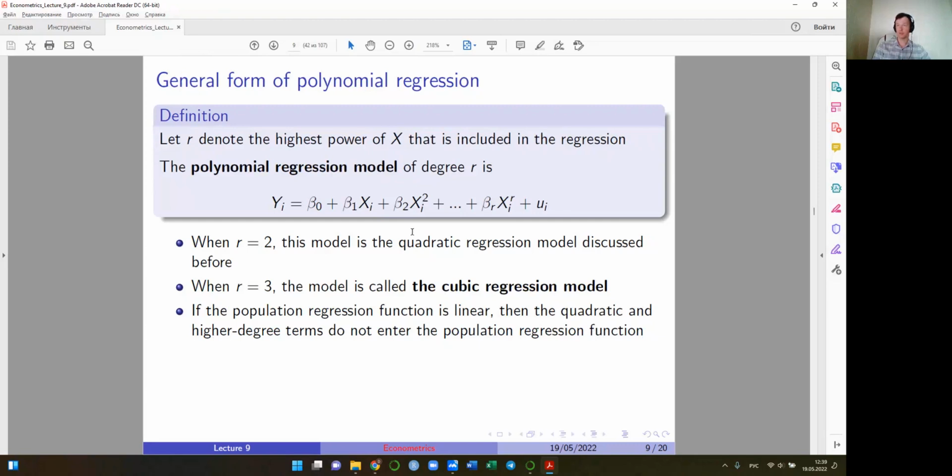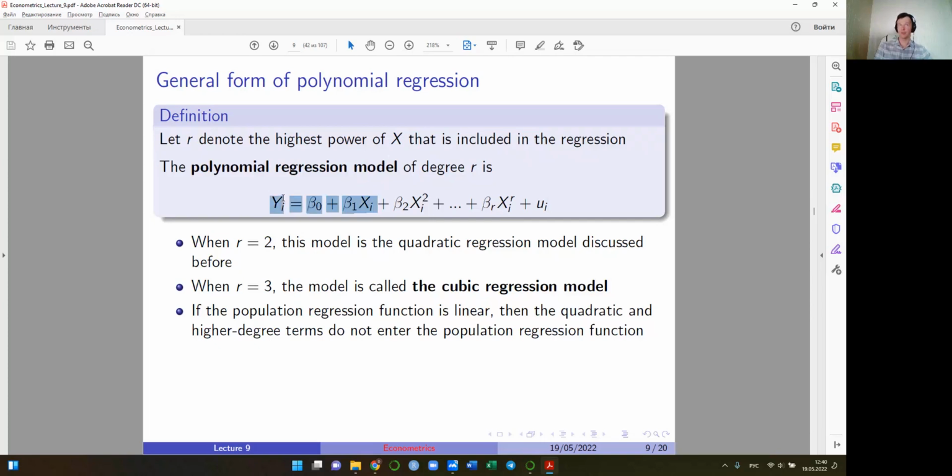Which coefficient exactly must be significant or not significant? The coefficient of the squared term. How about, for example, the rth power? Also. So what kind of hypothesis do we need to test if we want to claim that this model is not linear?